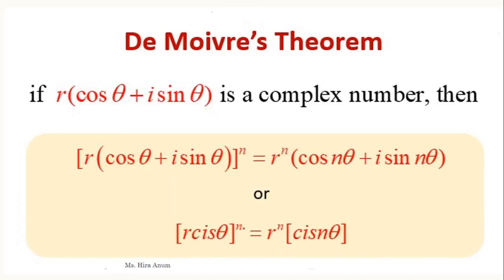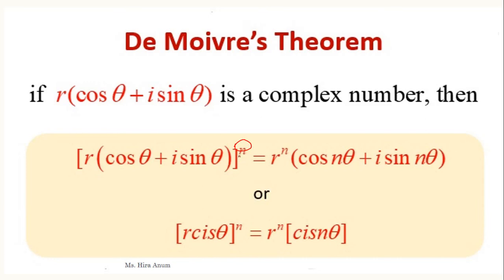De Moivre's theorem. If we have a complex number, we sometimes need powers, like a plus b whole square. Similarly, in complex numbers you have powers of n.